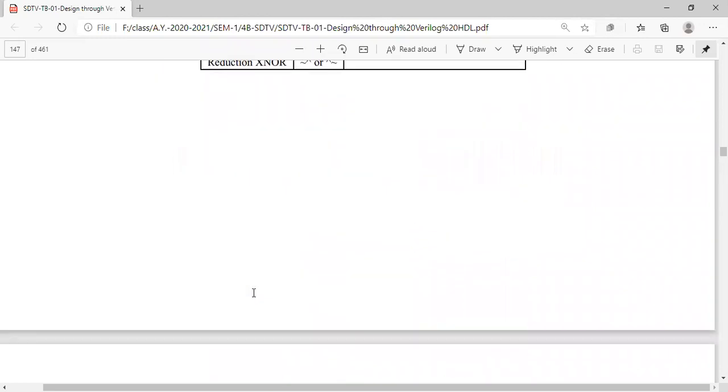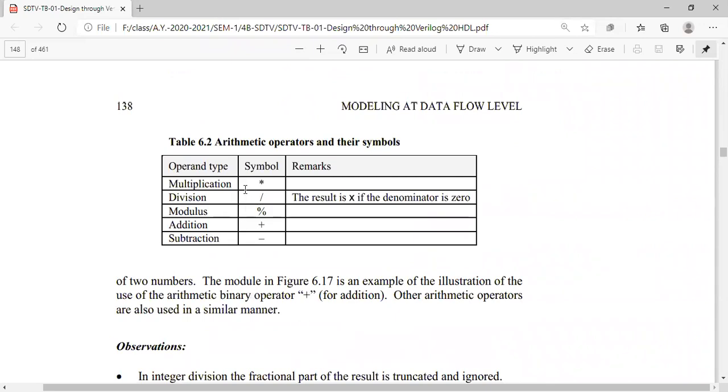So see the operators we use. This is the multiplication, for that we use star. This is the division. And this symbol, what is this? If you use this backslash symbol, it is meant for producing the quotient.